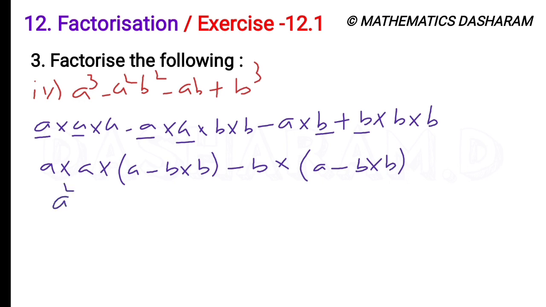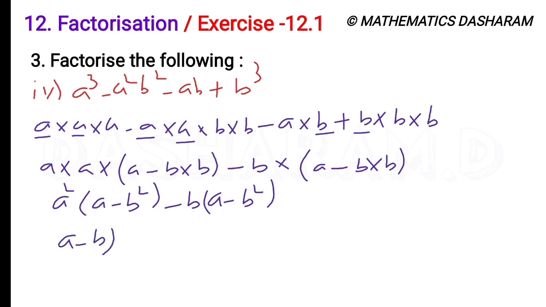So a square into (a minus b square) minus b into (a minus b square). Now here a minus b square is common. So bracket of here a square and here minus b. So (a minus b square) into (a square minus b).